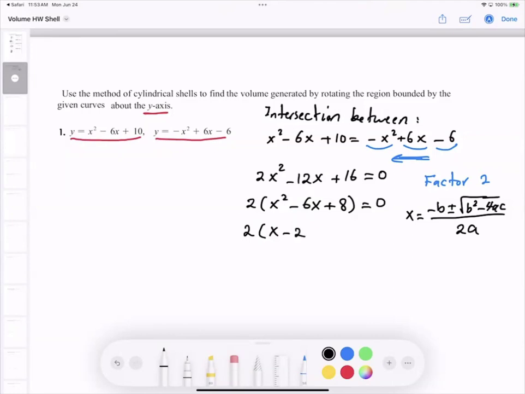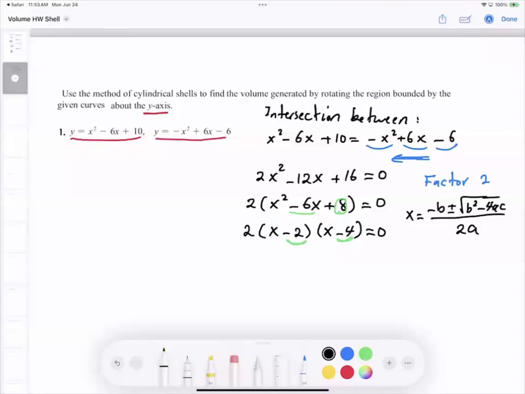Those numbers are x minus 2 and x minus 4. If you multiply negative 2 and negative 4, it is equal to 8. Then you add them together, it becomes negative 6. So factoring is sometimes very easy to use instead of the quadratic formula.